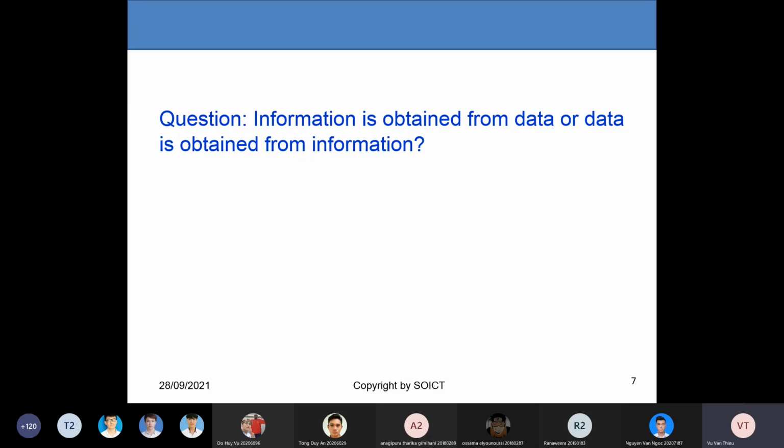Actually, data, yeah, it is the correct answer. So data appears in advance. So from data we obtain information. So the answer is information is obtained from data. So for example, I use a temperature meter.